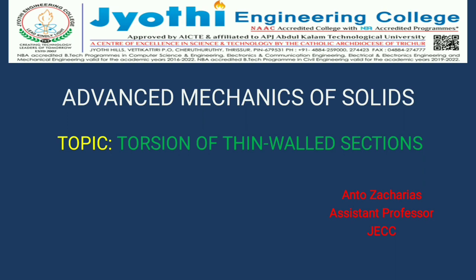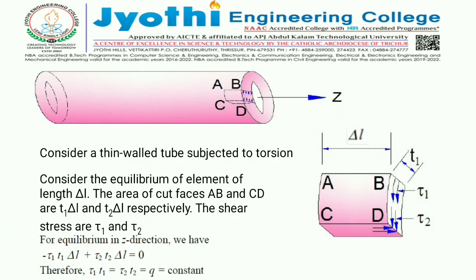Today's portion is torsion of thin-walled sections. First, consider a thin-walled cylinder subjected to torsion. Consider a small element ABCD in that thin-walled section.